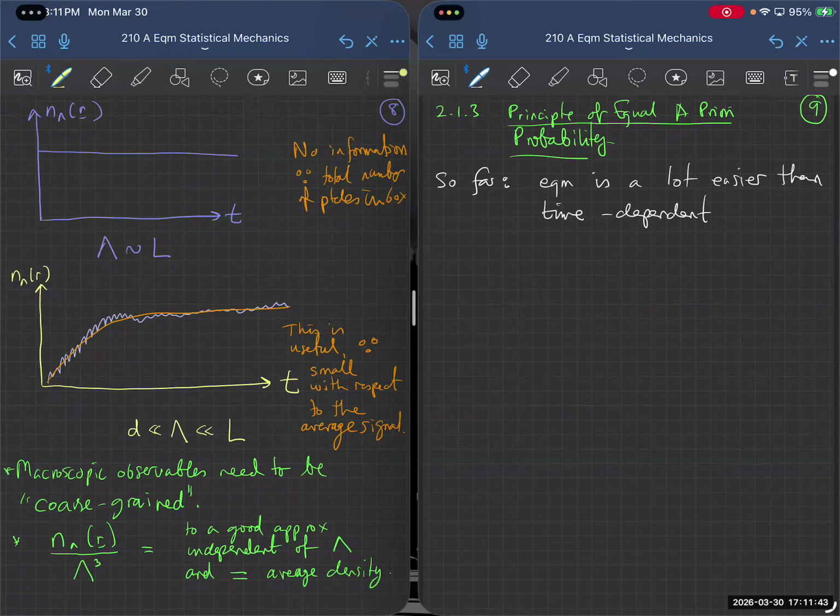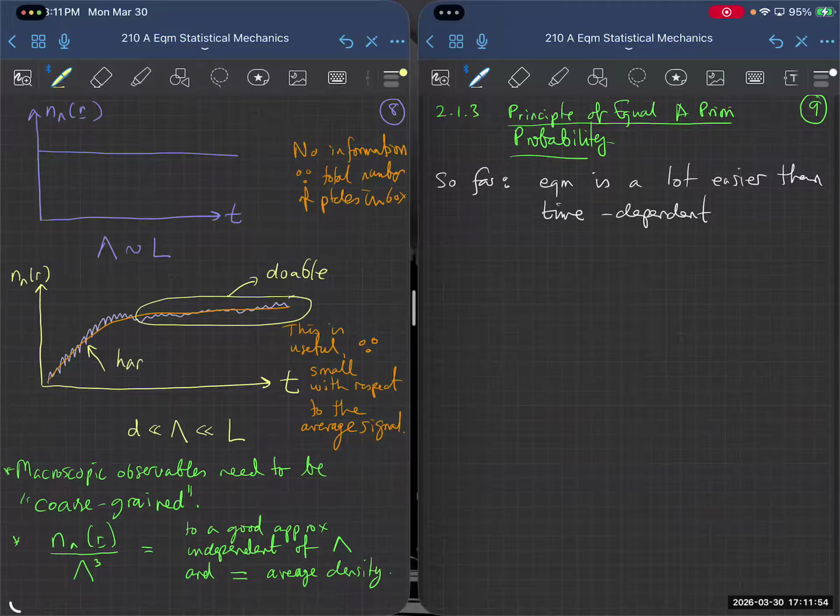So over here, this is doable. This part here is hard because we have to find out the initial condition and then make a theory for how the particles are spreading and so on. That requires a lot of dynamics. But once we're in the equilibrium state, we don't need to worry about the macroscopic variables changing.